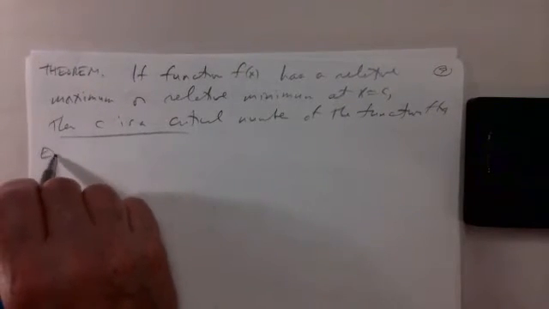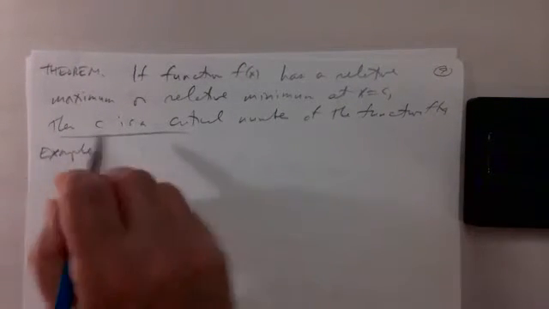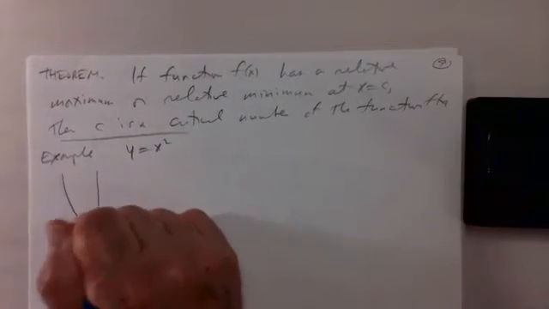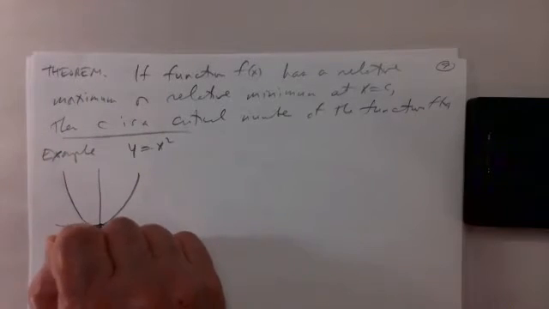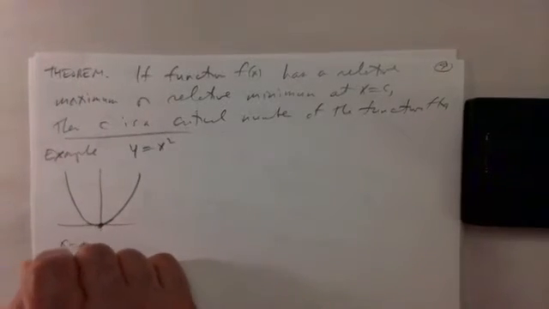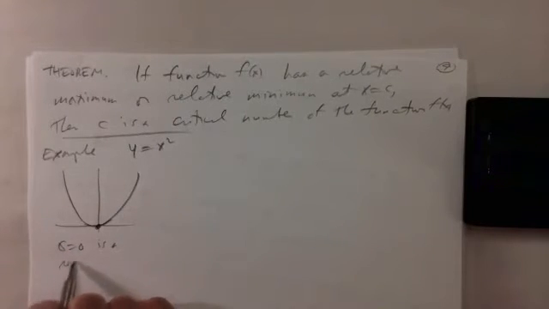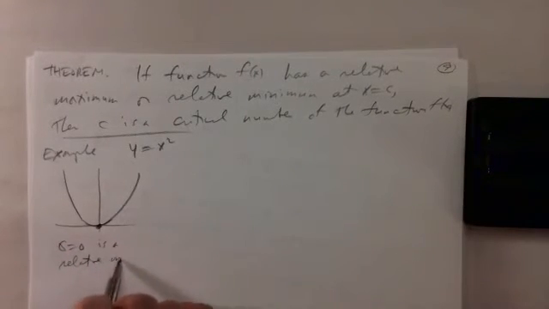Suppose we have the function y equals x squared. That's the graph of the function. The point c equals 0 is a relative minimum.